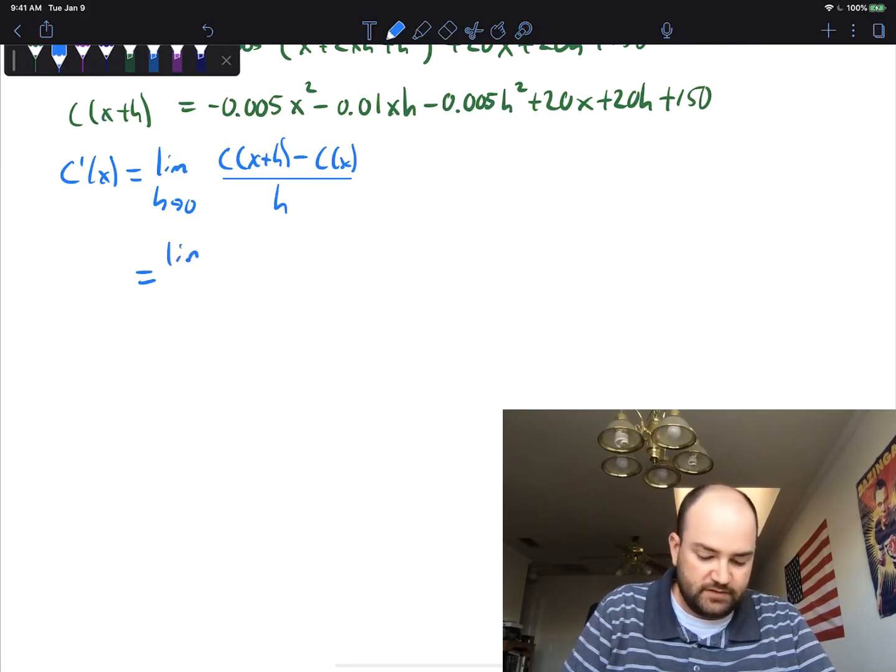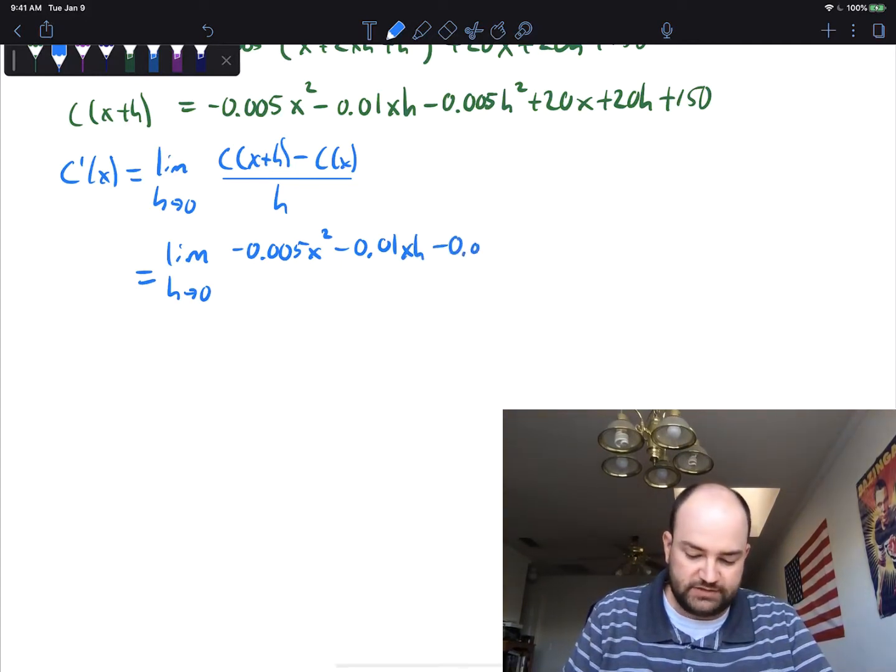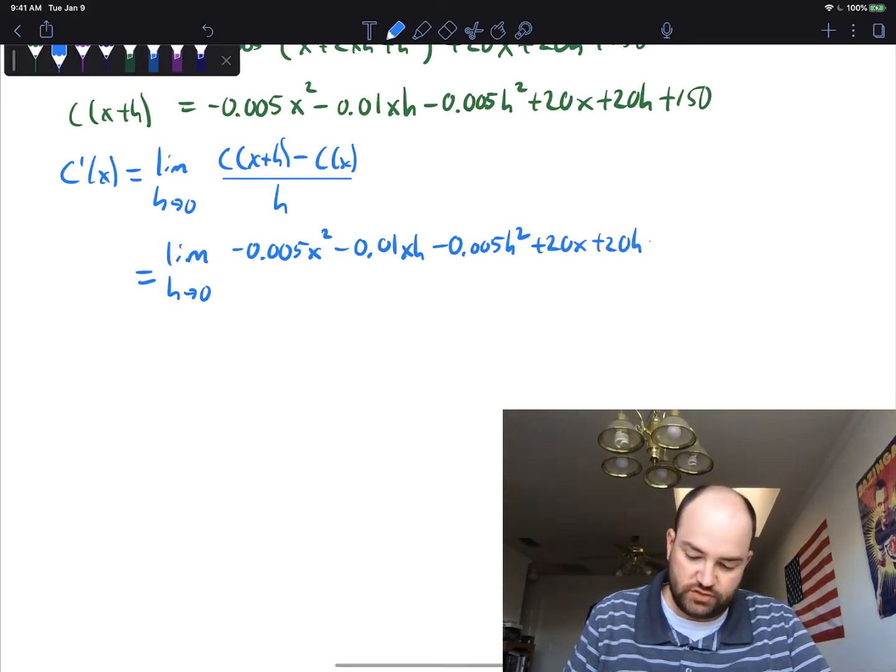So this is giving me the limit as h goes to 0 of negative 0.005x squared minus 0.01xh minus 0.005h squared plus 20x plus 20h plus 150.